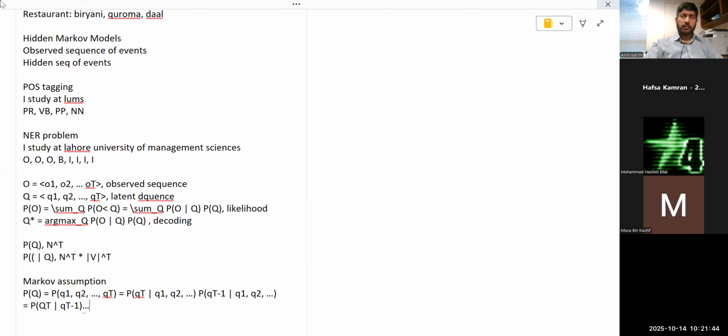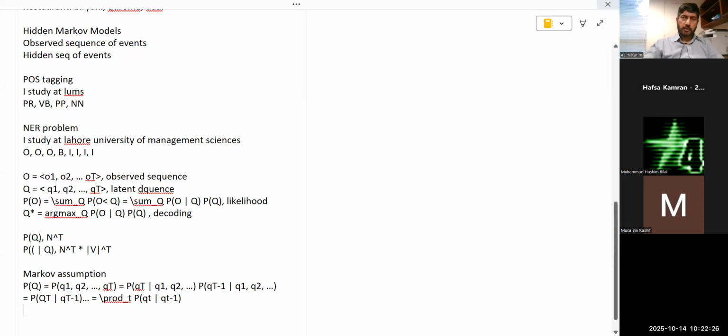And then of course it will continue in that fashion. So you can write this as the product for all possible T's of probability of QT given QT minus 1. ठीक है? So ये एक assumption है which will simplify your computation.